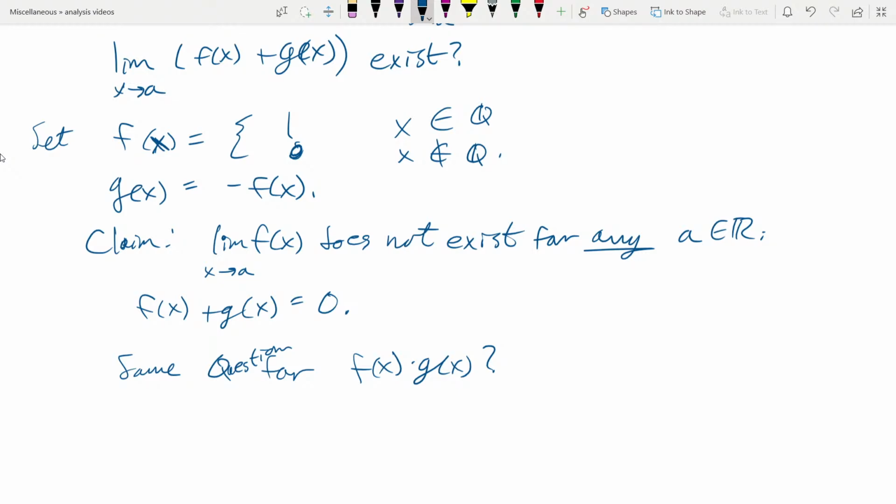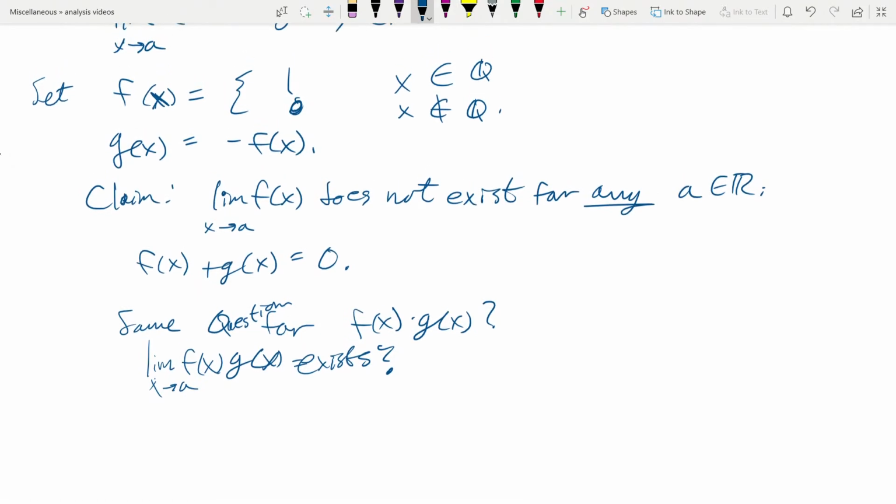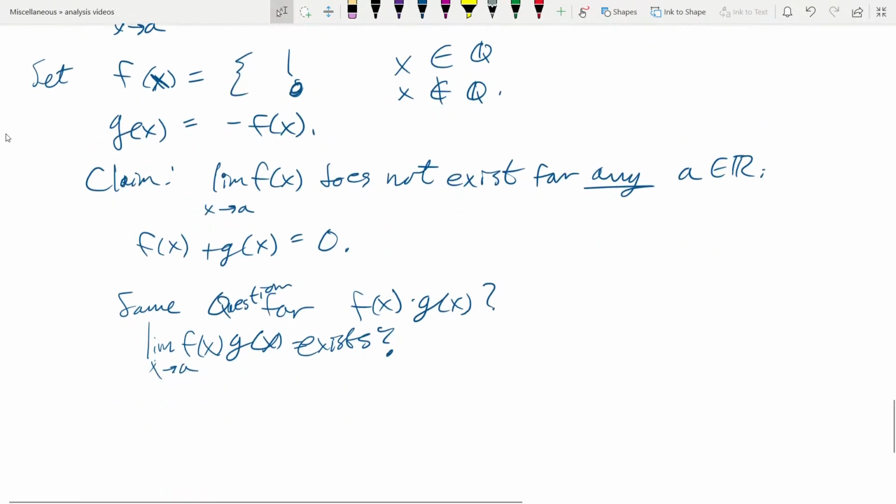In other words, if we have the same hypotheses, the limit of f of x and the limit of g of x both do not exist, does the limit of the product exist? Or a better way of saying it is, can it exist?